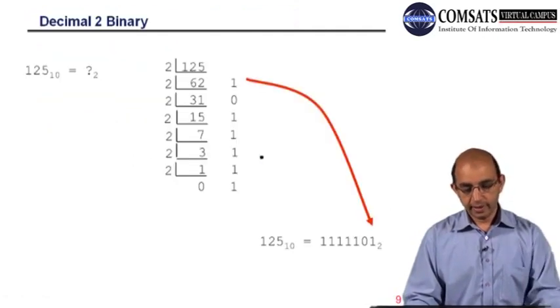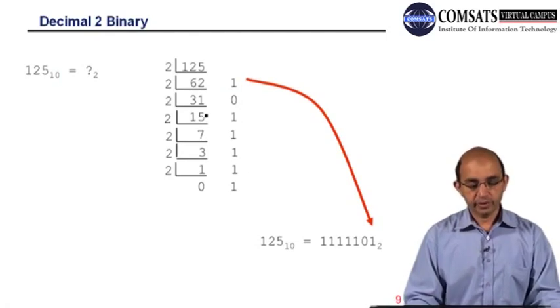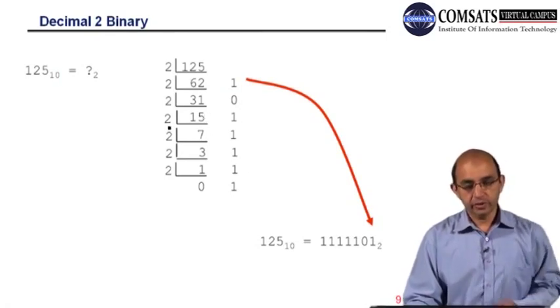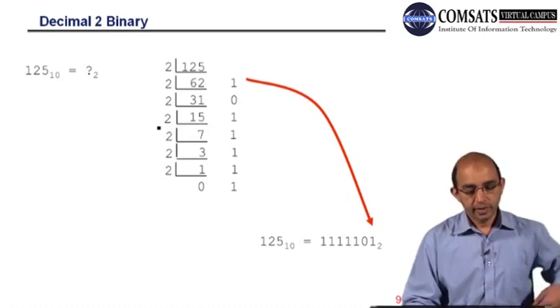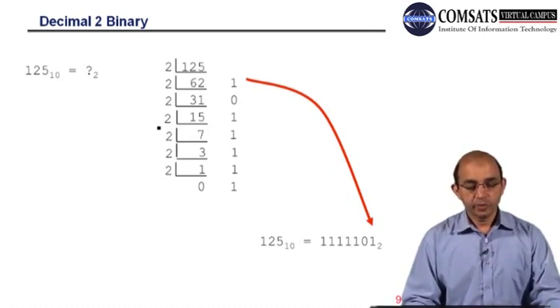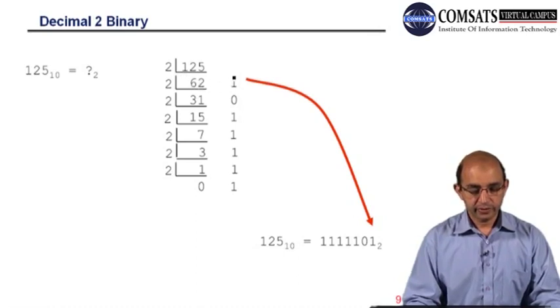Okay, and then here we have another example. This is very simple and we have already gone through this. Here we have decimal to binary conversion. You can see the division, quotient, remainder, and again division, quotient, remainder.